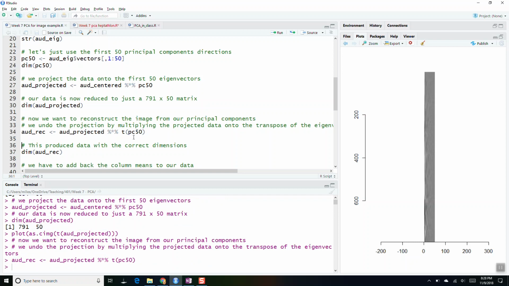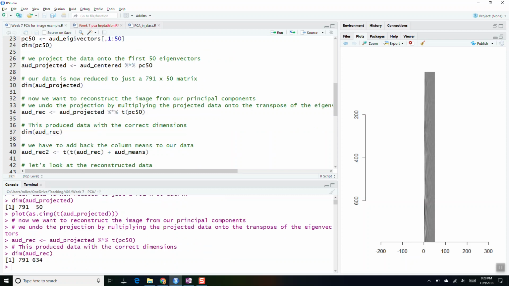This is going to be reconstructed, which is back to 791 by 634. It feels kind of silly because we started off at 791 by 634, reduced it down to 50, and then from those 50 reconstructed it back to 791 by 634.